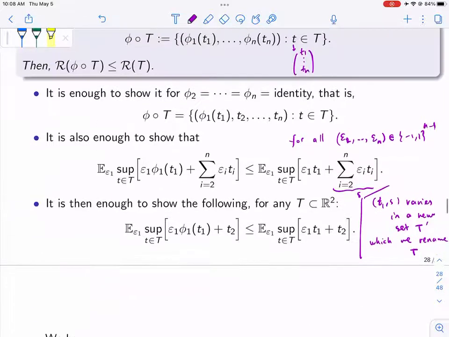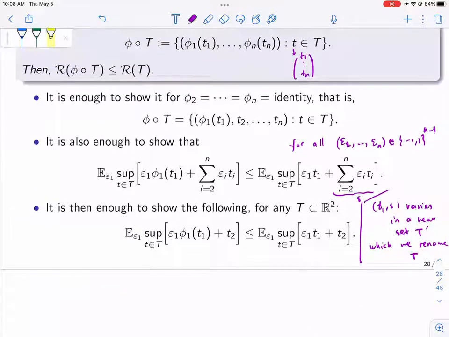How do we proceed from here? Any idea? How can I show something like this? Online people can also.